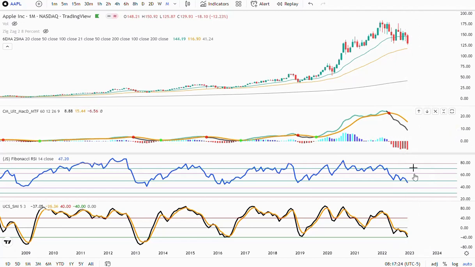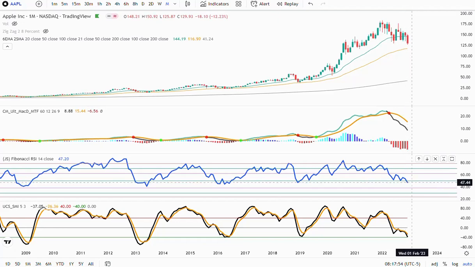If you also look at the RSI, it has gone below the 50 level. This green line is the RSI 50 level. This is negative. When RSI is below 50 at any time frame, whether it's daily, weekly, or monthly, that's an indication that momentum is weak. And because you're seeing that on a higher time frame, on a monthly time frame, that means that any rallies are going to be short-lived.